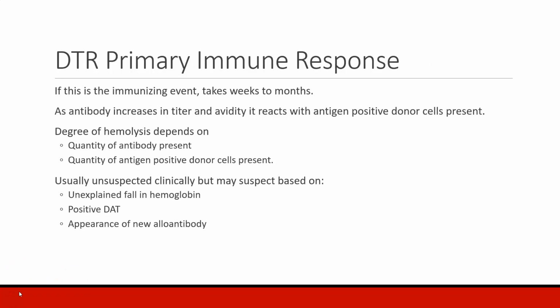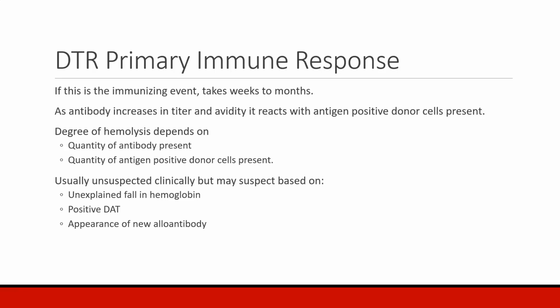The delayed transfusion reaction due to a primary immune response, if this is the immunizing event, takes weeks to months. As the antibody increases in titer and avidity, it reacts with the antigen-positive donor cells that are present.